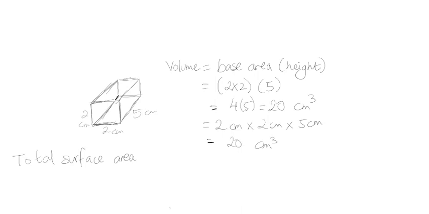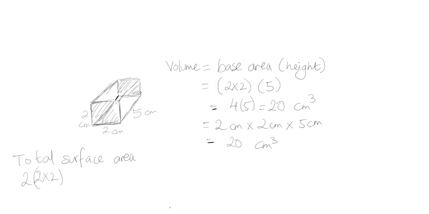So if I start with the front one, we have a square here, right? And that square is identical to the one at the back. So I'm going to shade both of these. So the area of the square is 2 times 2. Agree? Yeah. And you have it twice, so I put it 2 in front of it.